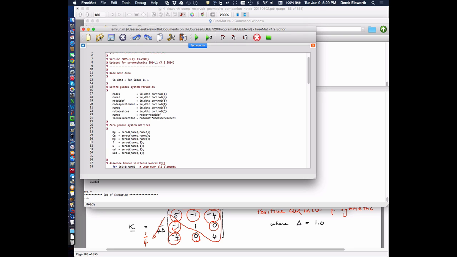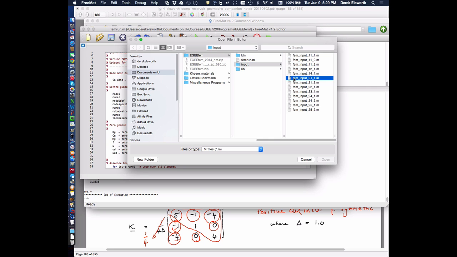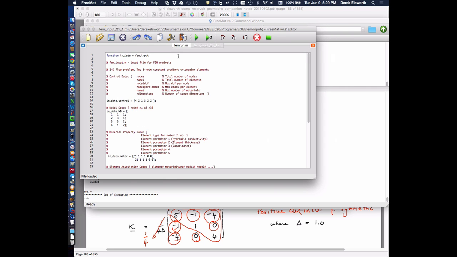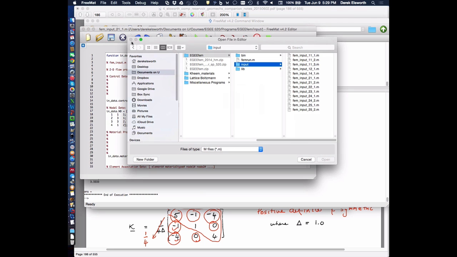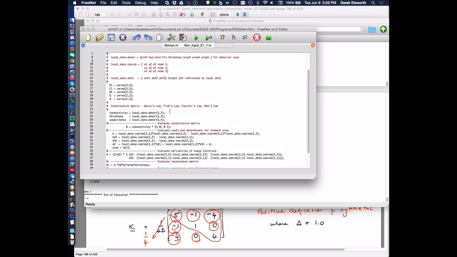I want to add the two components, which are the input file, which I think is this one, and I want to add the element subroutine, so it will execute. I think it's this one. So this is the element subroutine we just looked at.